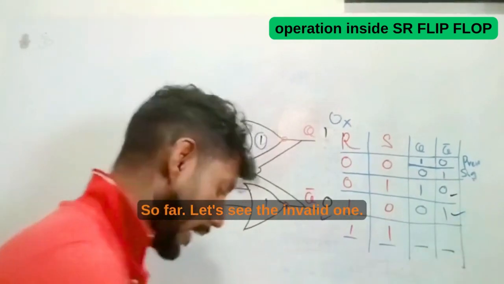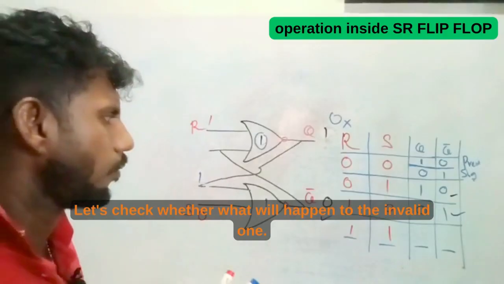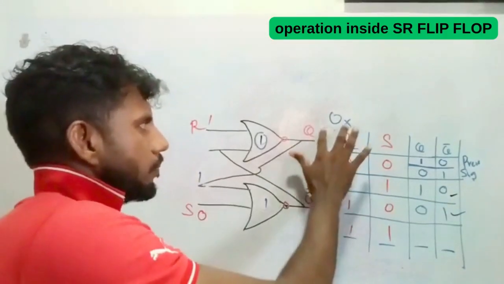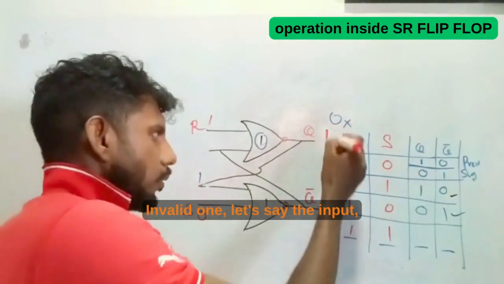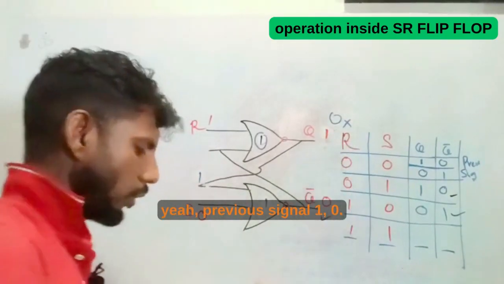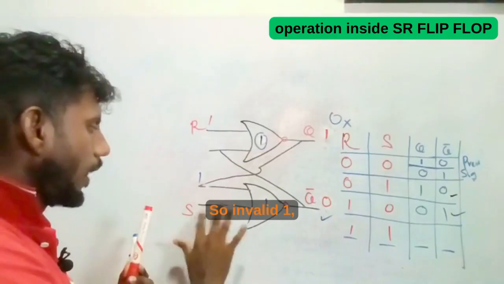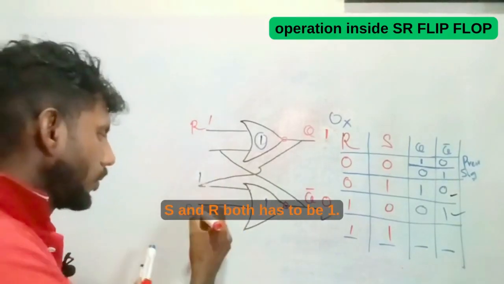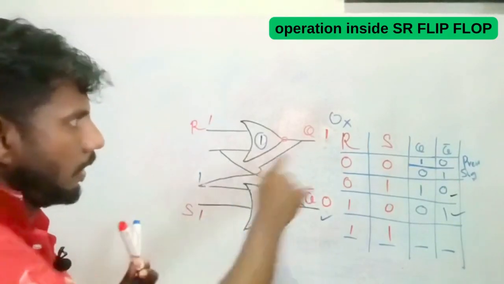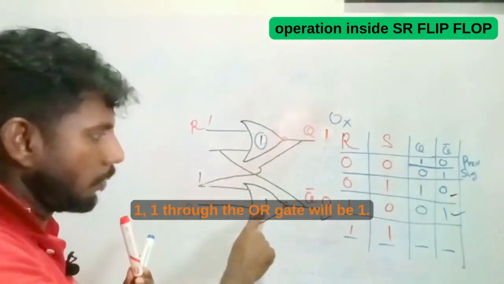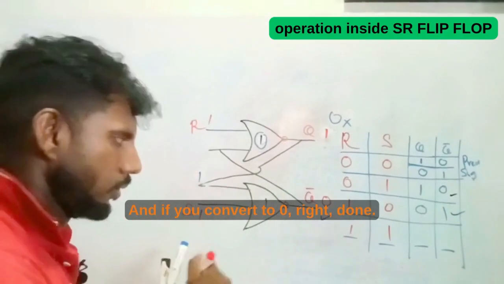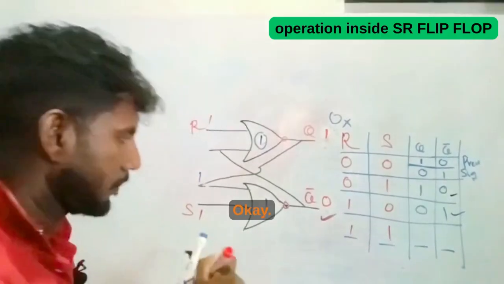So let's see the invalid one. Let's check what will happen with the invalid one. Let's say the previous signal is 1, 0. For the invalid one, S and R both have to be 1. Okay. 1, 1, 1, 1 through the OR gate will be 1, and it will convert to 0. Right, done. Okay.